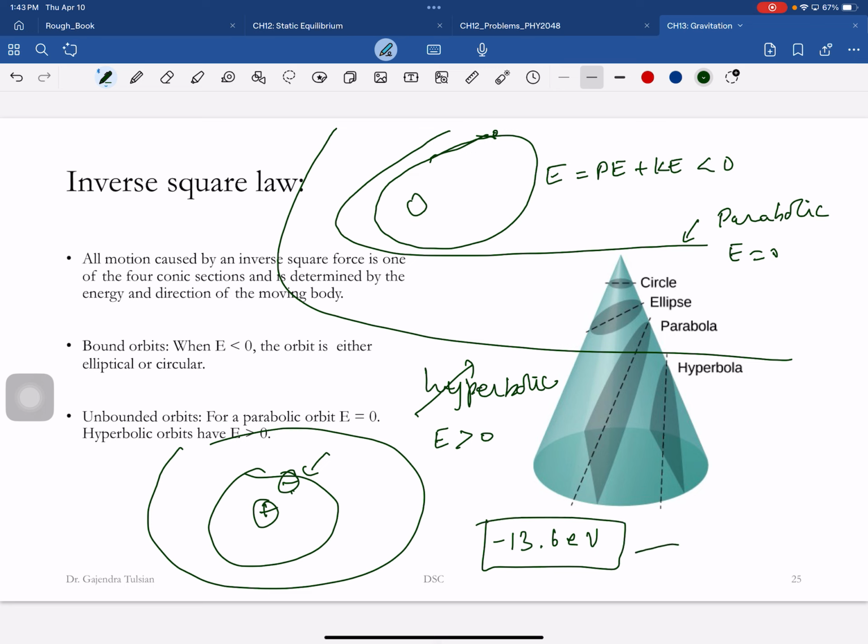So to ionize the hydrogen atom, meaning to send this electron to infinity, you need 13.6 electron volts. So in chemistry, when you study ionization energy, that's the total energy of the least bound electron.